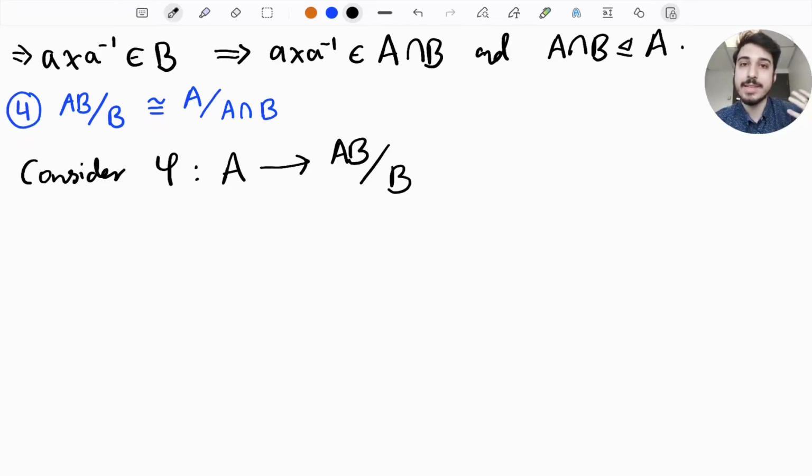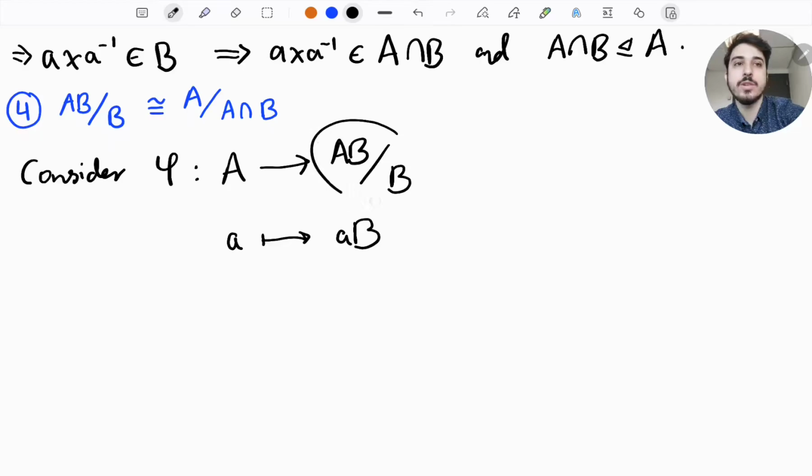But then I will explain exactly how to think in a way that you will reach an isomorphism. Now, phi is defined to be taking an element a in A and giving us a coset aB in this quotient group. This is a quotient group because we've just proven that B is a normal subgroup of AB.